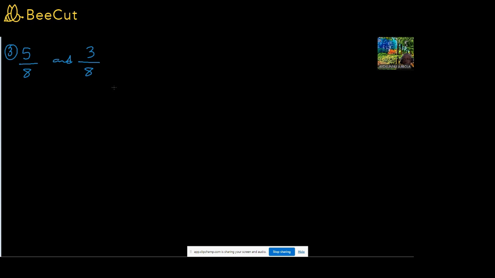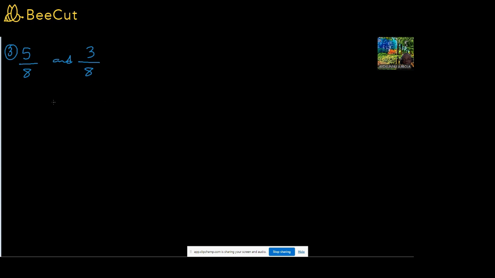Maybe there are 5 loaves of bread, and you want to share it with 8 students. So 8 students share 5 loaves of bread. Then there are another 8 students, and you give that group 3 loaves of bread. So group A and group B, which one of them will each person have enough bread?